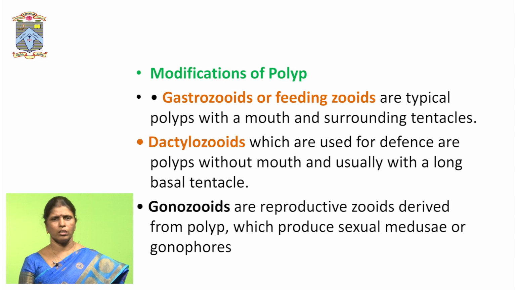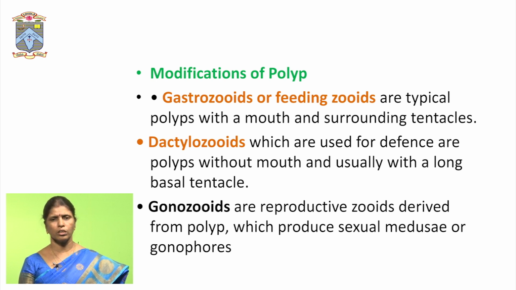And the third type of polyps are gonozooids. These are also called reproductive zooids. They are again derived from the polyp form only, and they produce the sexual zooids, called medusa, and these medusae are also called gonophores.